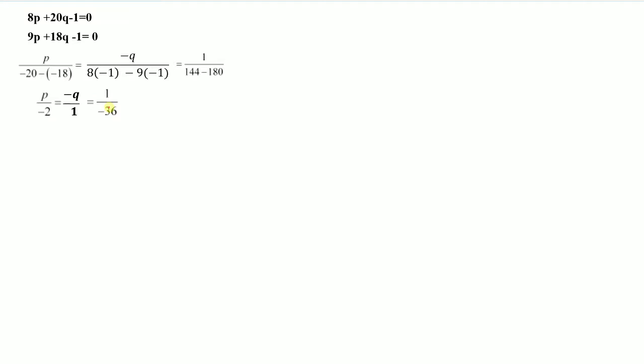First we take these two: this minus and this minus will cancel, and 2 18s are 36, so p equals 1 upon 18. Now taking the green arrow terms, again minus and minus will cancel, so q will be equal to 1 upon 36. So we have now p equal to 1 upon 18 and q equal to 1 upon 36.